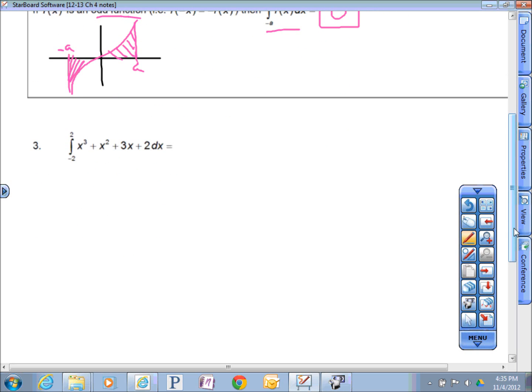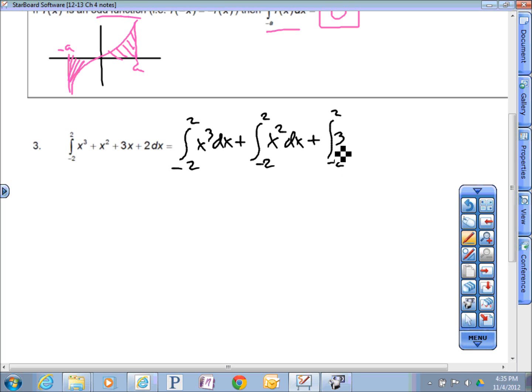Let's rewrite it. If I wanted to rewrite this function, I could make it the integral from negative 2 to 2 of x cubed dx plus the integral from negative 2 to 2 of x squared dx plus the integral from negative 2 to 2 of 3x dx plus the integral from negative 2 to 2 of 2 dx.